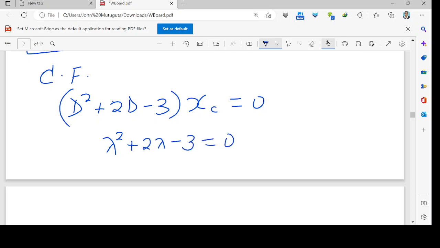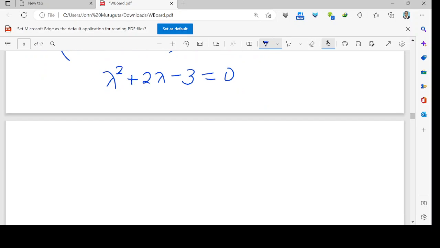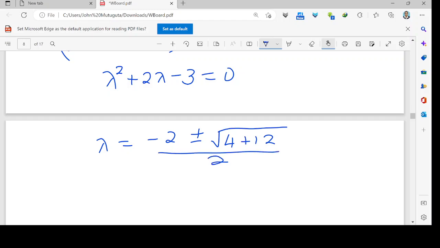It's equals to 0. Then we solve this characteristic equation. We get lambda is minus 2 plus or minus the square root of 4 plus 12, divided by 2. And this is minus 2 plus or minus 4 divided by 2.